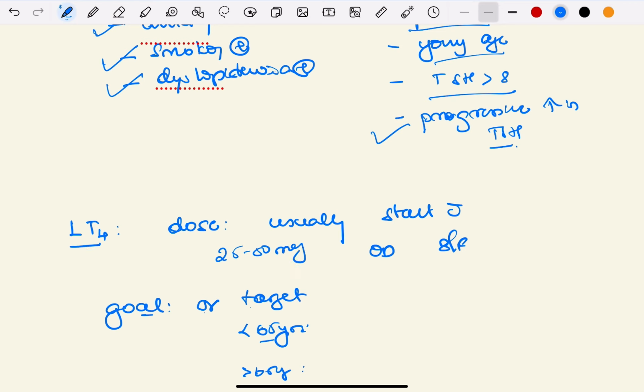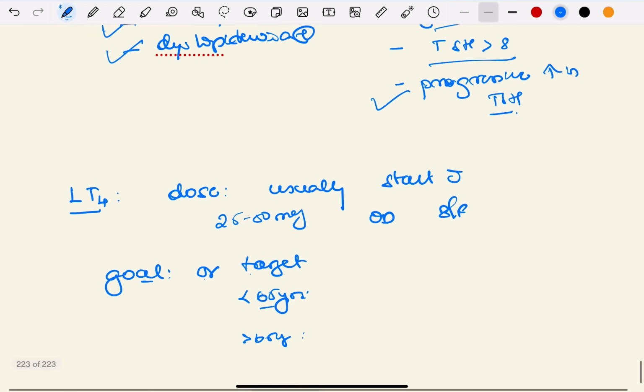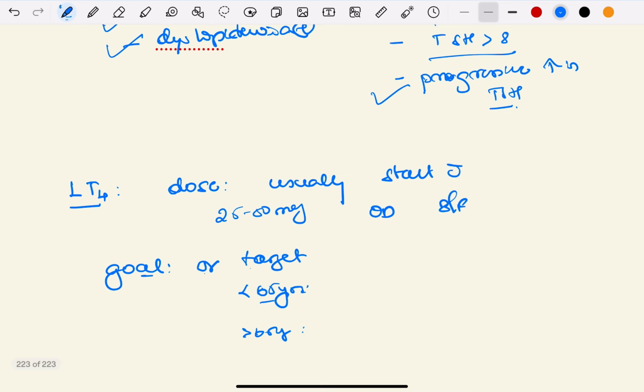So this is the usual dose with which we start treatment of subclinical hypothyroidism, and we always have to titrate this dose depending upon the follow-up TSH every 6 to 8 weeks. Then what is the goal or target? If the individual is less than 65 years, my target is 0.5 to 2.5 milli international unit per liter.